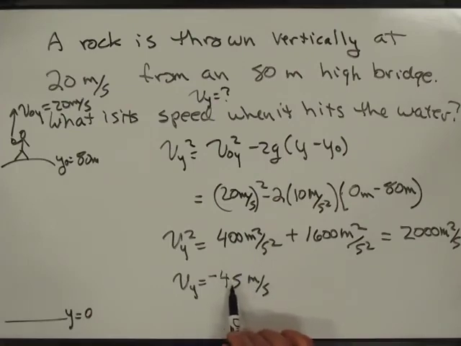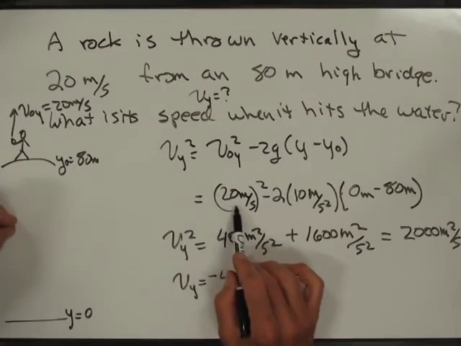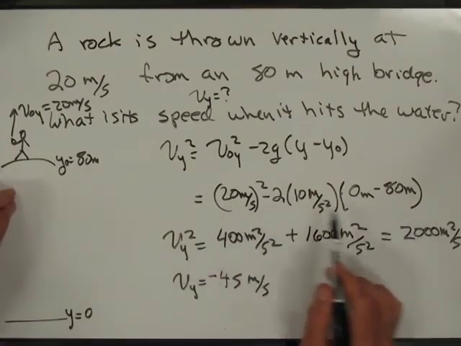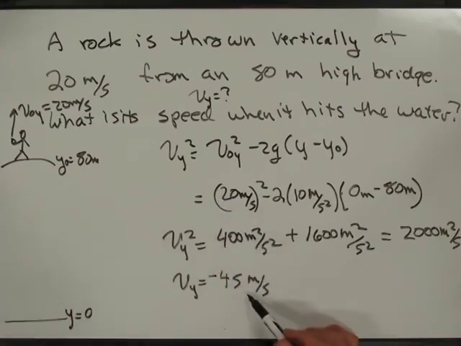An interesting note about this problem is that if this person had instead thrown it down at 20 meters per second, so instead of its initial velocity being plus 20 meters per second like it is here, if it was minus 20 meters per second, the answer wouldn't change, because that would still be squared, so the minus sign would go away, and I would still get a minus 45 here for my final velocity.